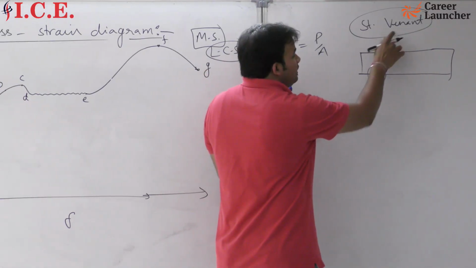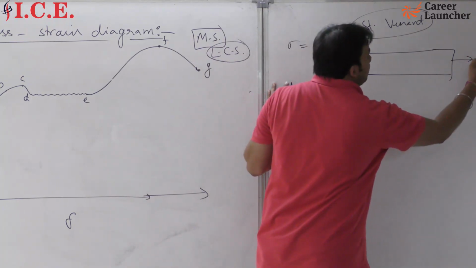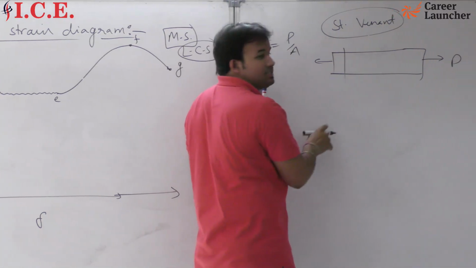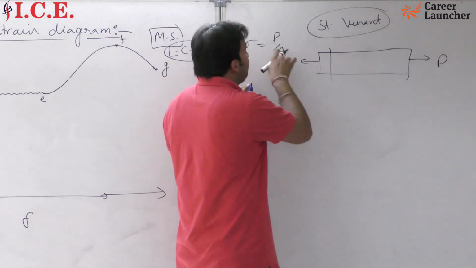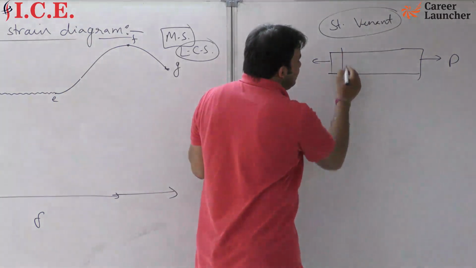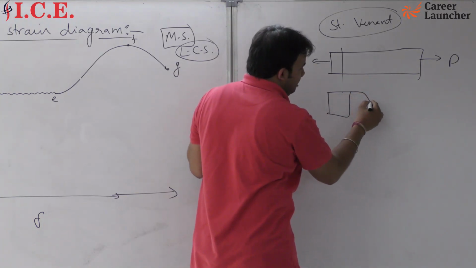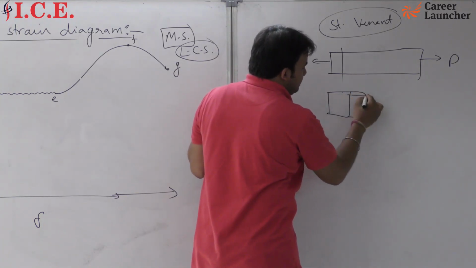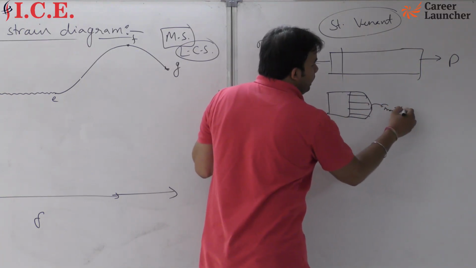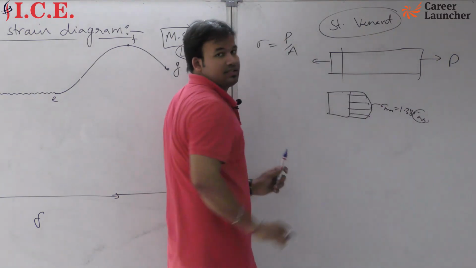He told that if you take this object and apply a load on it, and calculate the value of the stress at this point, you won't get P by A, the average stress, because at this section you will have a stress like this. It means here the maximum stress will be about 1.38 times sigma average, and P by A is your sigma average.